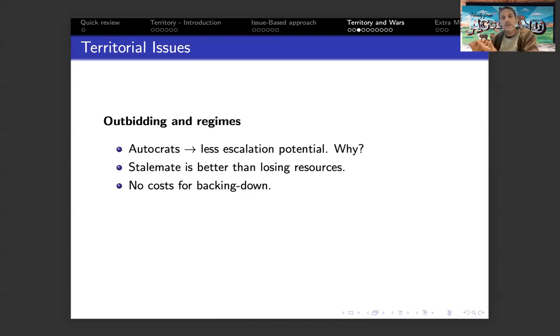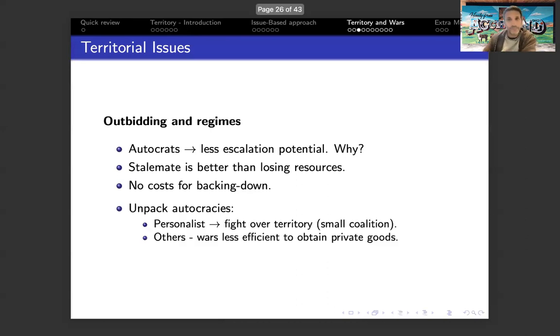Now, if we stay with the argument, reminding you again, that was offered by Wicks about unpacking autocracies, those leaders of more personalist type regimes are actually more likely to go to war, because territory for them represents resources that they can provide to their small coalition, right?